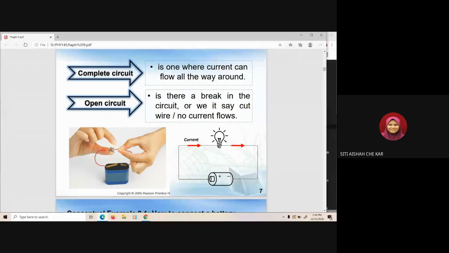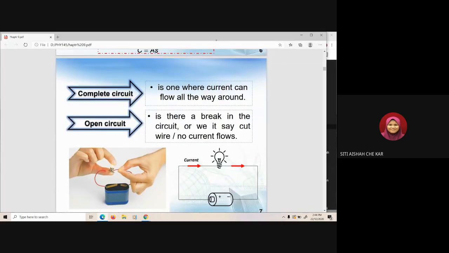Okay, this figure shows how we gonna complete a circuit. So katakanlah we want to light up this bulb, we want to switch on this lamp. So we have to make sure we complete the circuit, from the positive polarity to the negative. So there is current flow to this bulb.